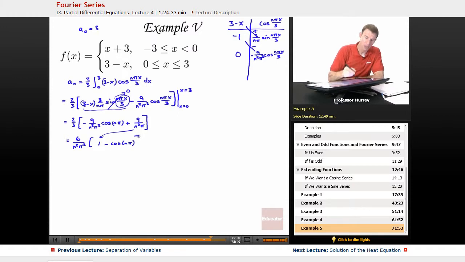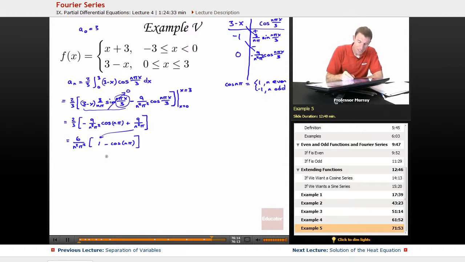Let's remember that cosine of n pi, we worked this out earlier: when n is even, cosine of n pi is 1, and when n is odd, cosine of n pi is -1.